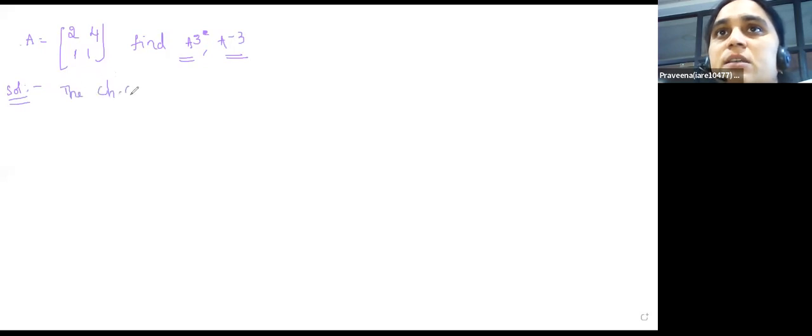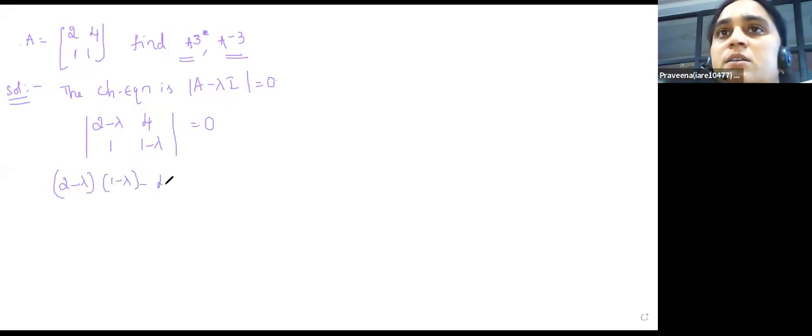The characteristic equation is determinant of A minus lambda I is equal to 0. For 2 minus lambda, 4, 1, 1 minus lambda is equal to 0. 2 minus lambda into 1 minus lambda minus 4 is equal to 0.